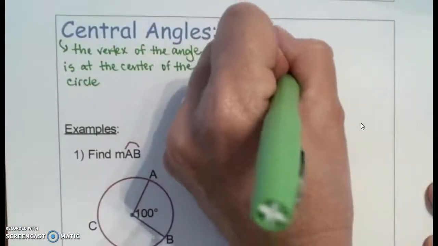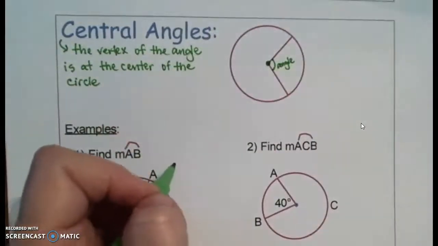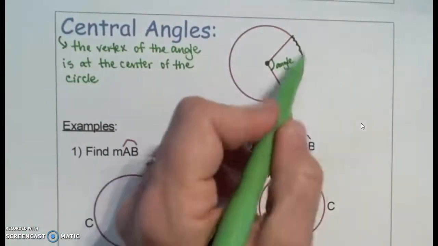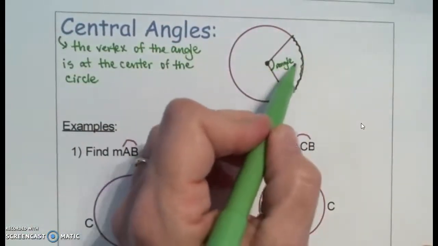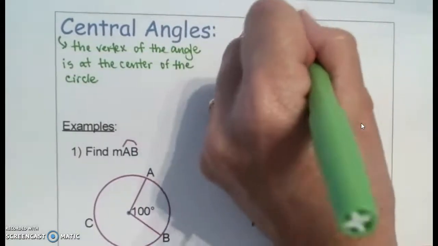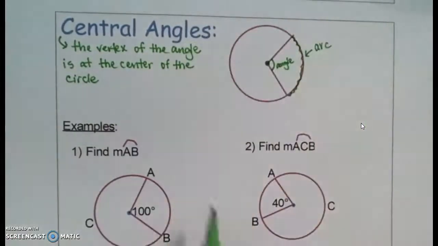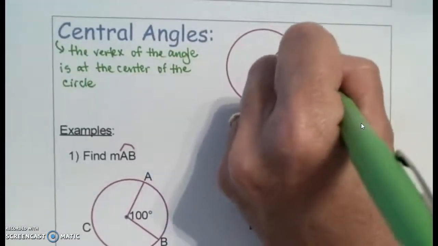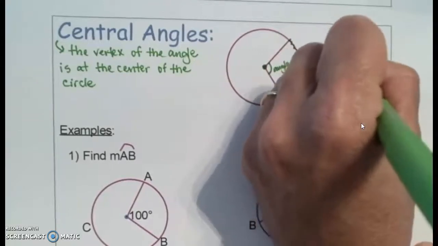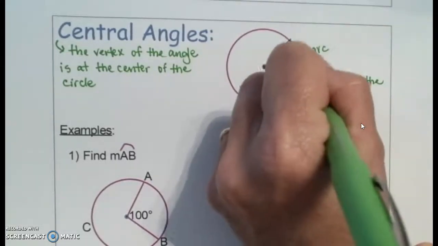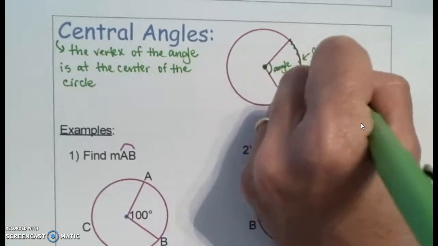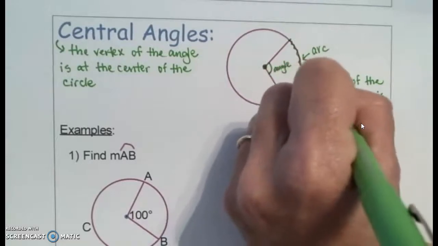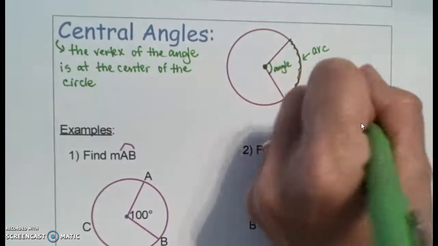So here's our angle. And then we have this part of the circle on the outside directly across from your angle, and this is called an arc. And what you need to know about a central angle is the measure of the central angle is equal to the intercepting arc.